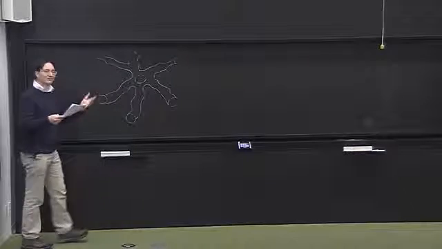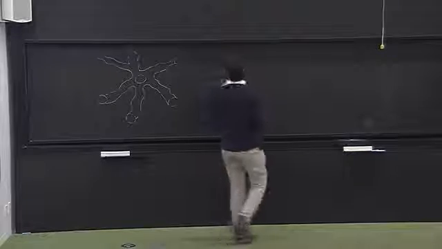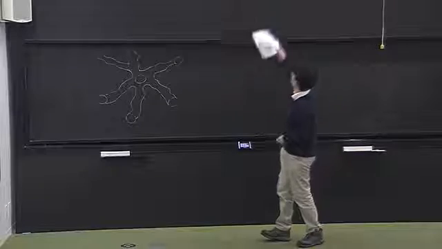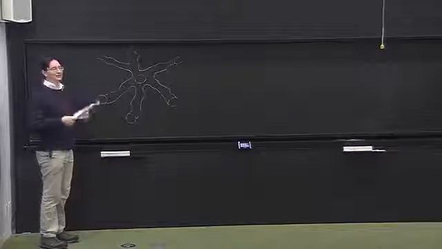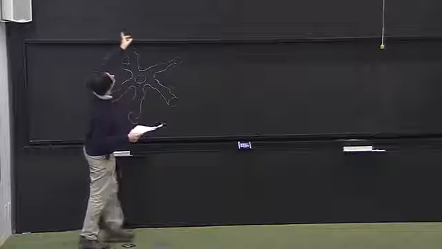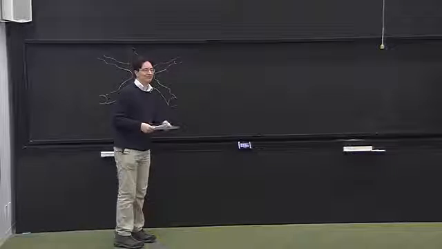There are other reasons, but this is one important reason. Now, in order to compute the amplitude, we're still going to integrate over the possible intrinsic geometry of this surface. And then we're going to integrate over all the possible ways this object can be embedded in space-time.